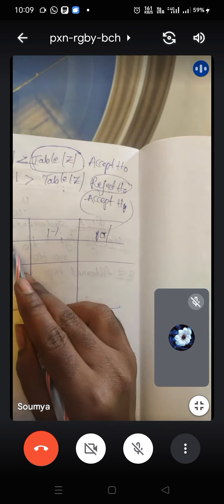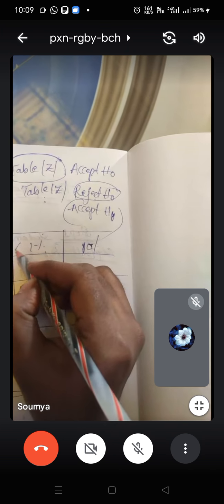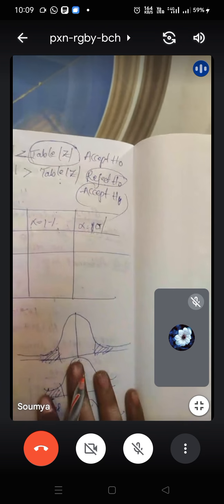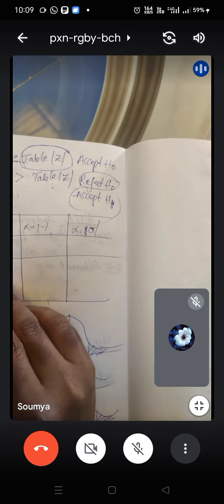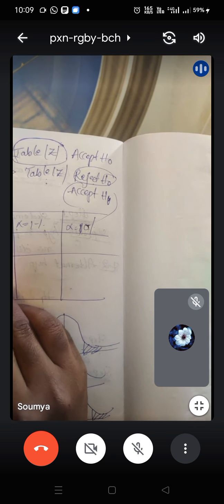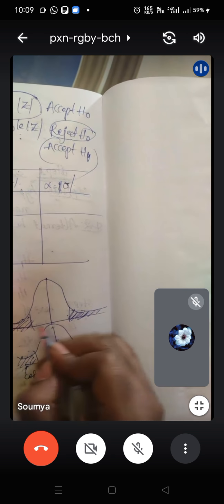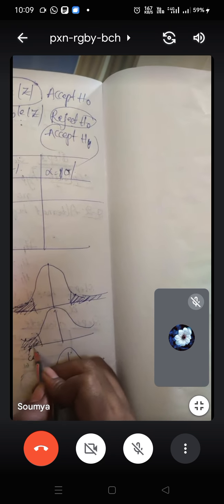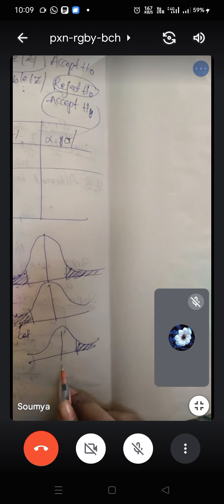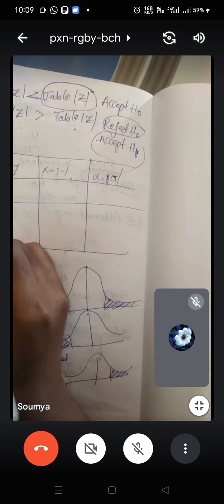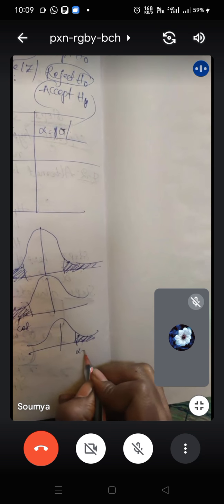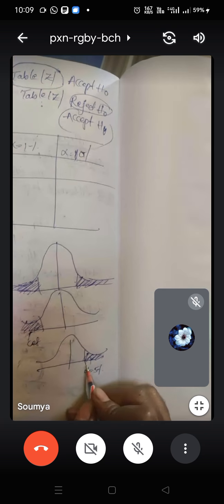Okay, so we have 5% alpha. These are the values of 5%. Suppose I am taking alpha equals 5%. This is the region, right? I am finding for right tail first. Okay, this is alpha equals 5%.